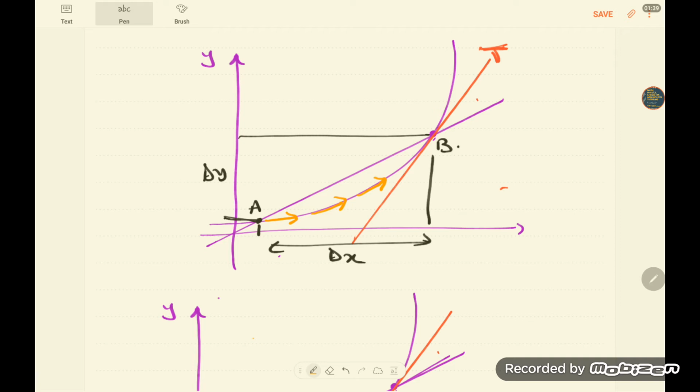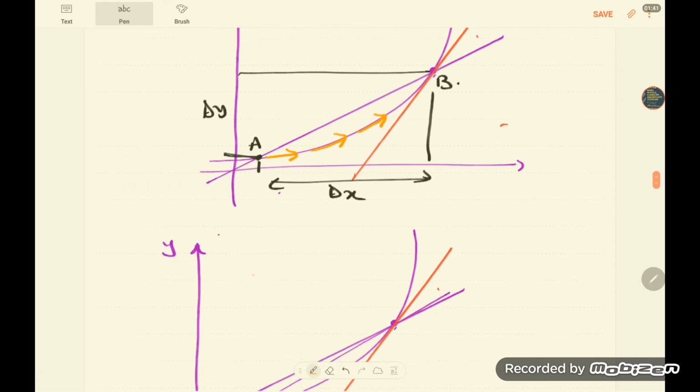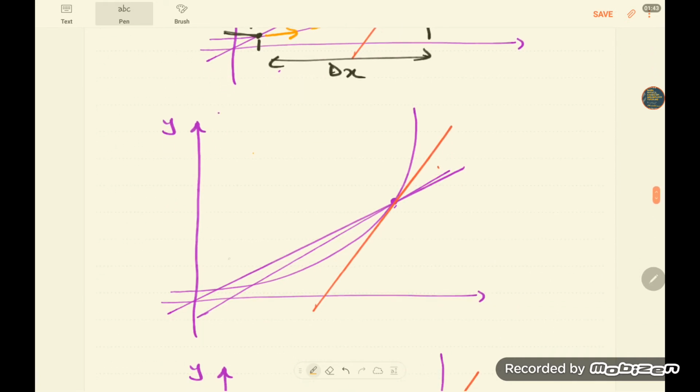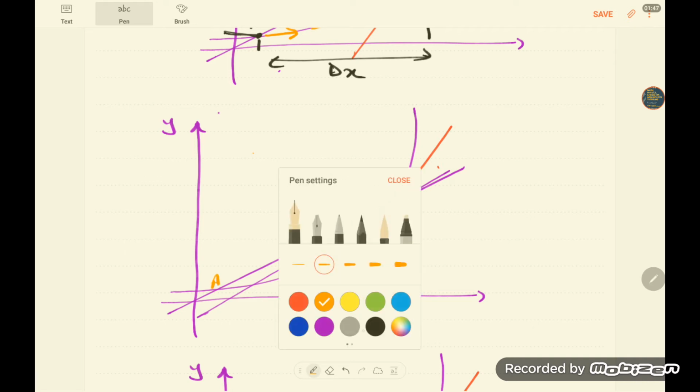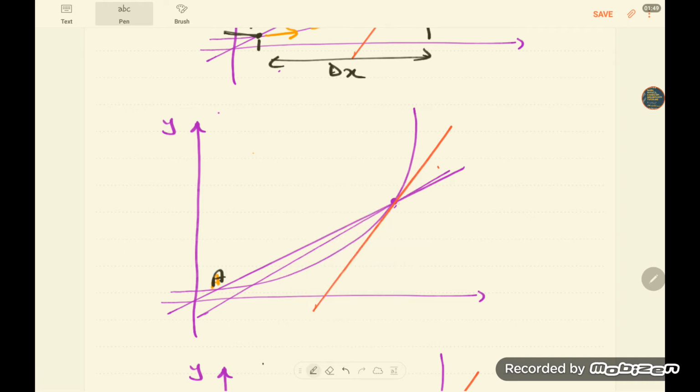Let me show you how this works. We're starting off with the line AB, and let me use a different color. This is A, B, and let me call this one now the new line CB. When the point A goes up the curve to where the point C is, you will see that the gradient is really becoming steeper.